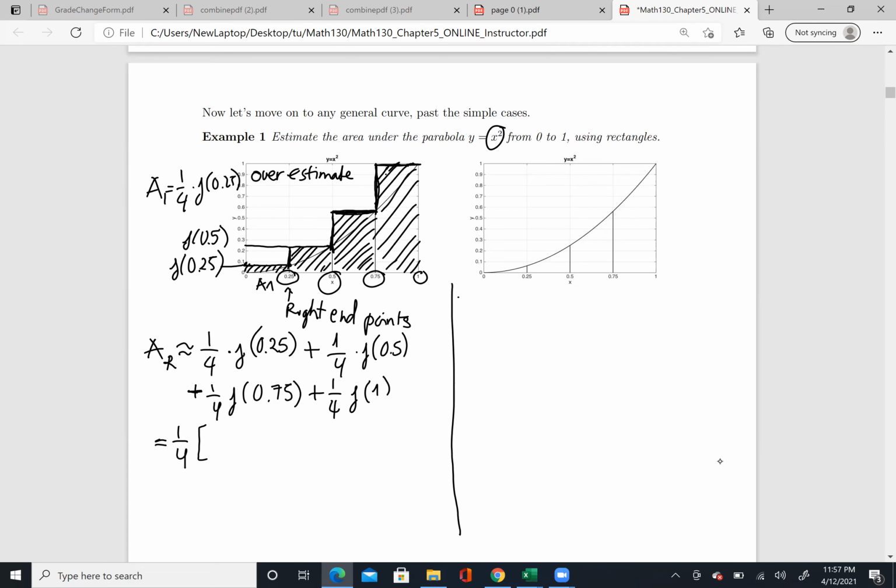Okay, so that is a way to estimate the area under the parabola until now using the rectangles.